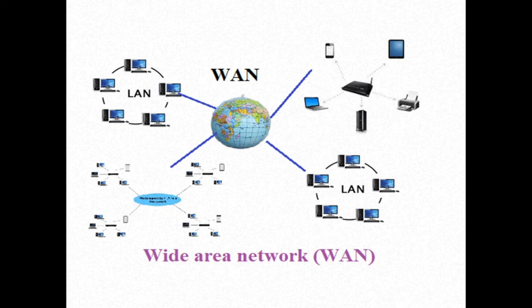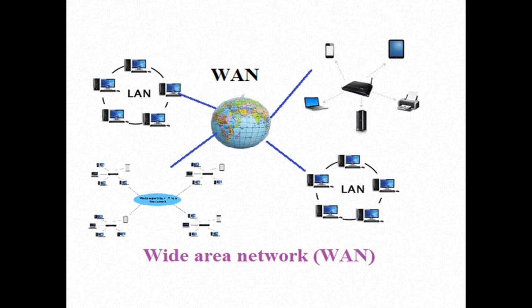But for now, you remember, wide area network is not only the interconnection of country to country. Children, it can be within the country, within your country you have states. So interconnection of state to state, or one state to many states, or from one country to many countries. Why?